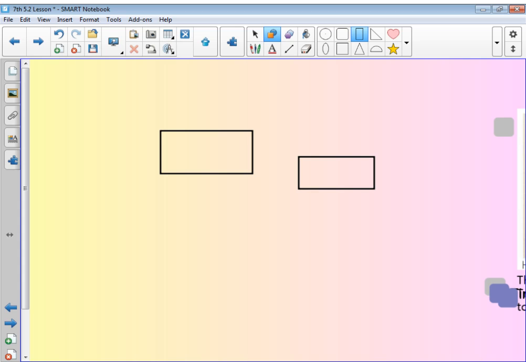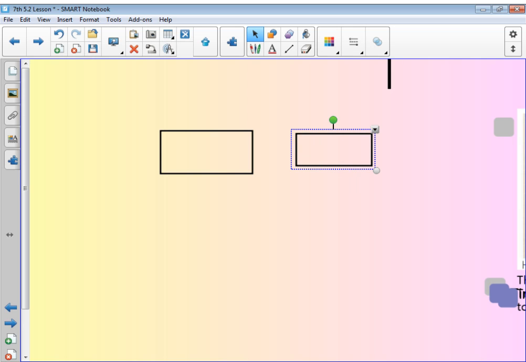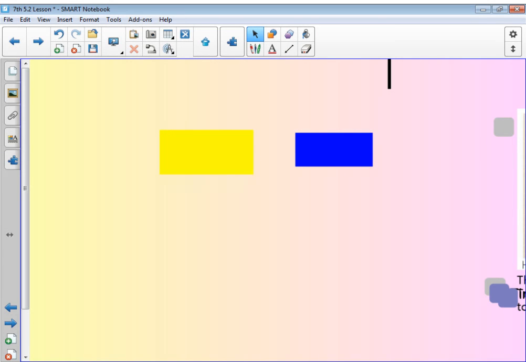Okay, so I've got these two rectangles, and we'll go ahead and change the color of one of them. For dimensions, let's do, this one is 8 and this one is 5.